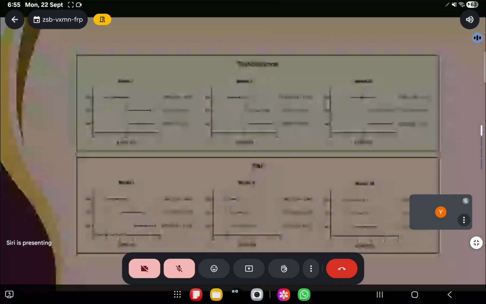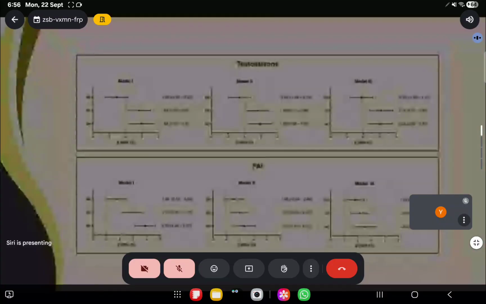And let me explain what these different models were. Model 1 was adjusted for time. Model 2 was adjusted for time, body mass index, physical activity, and smoking status. Model 3 was adjusted for time, homeostatic model assessment for insulin resistance, physical activity, and smoking status.